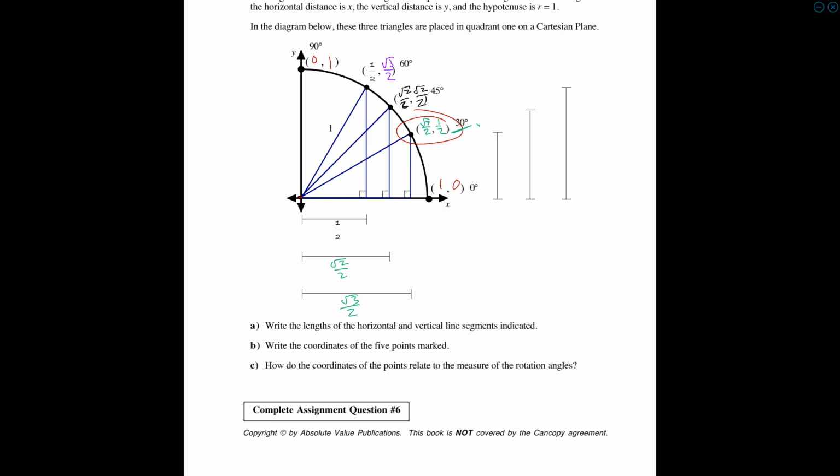What's the relationship of √3/2 and 30 degrees? How could you find √3/2 with 30 degrees? Or how could you find 30 degrees from √3/2? What's that relationship all about?